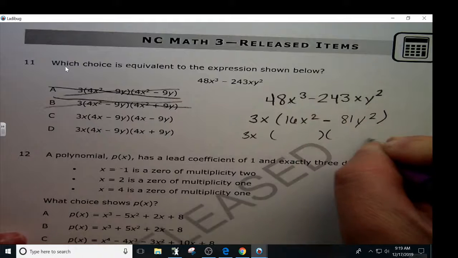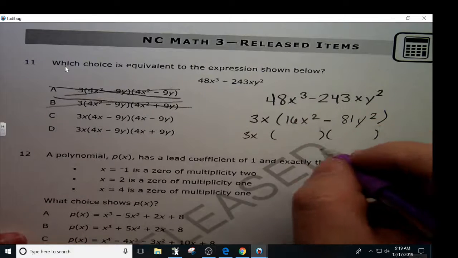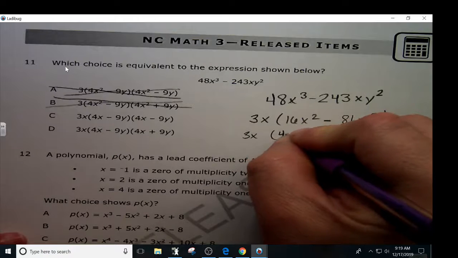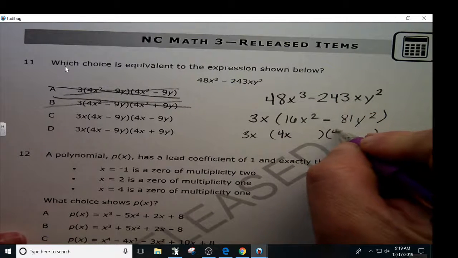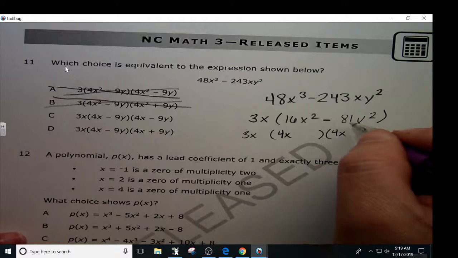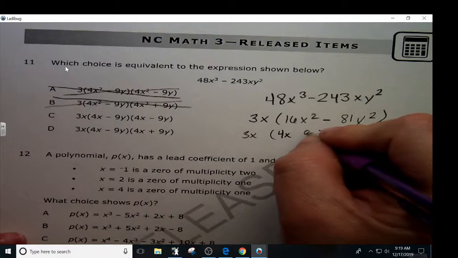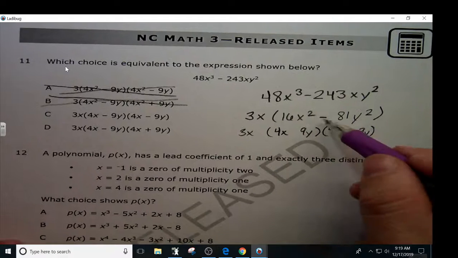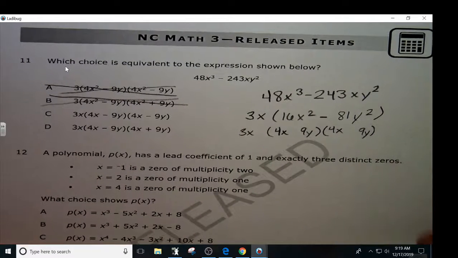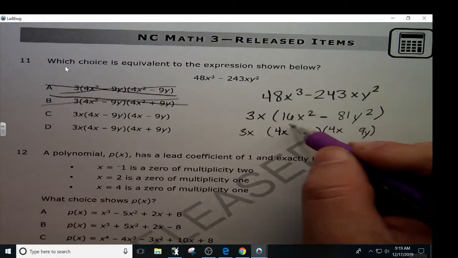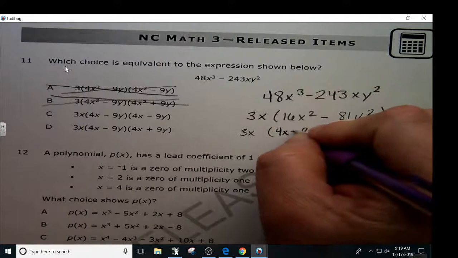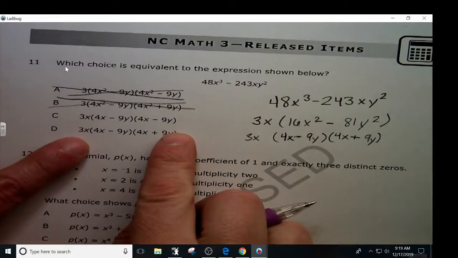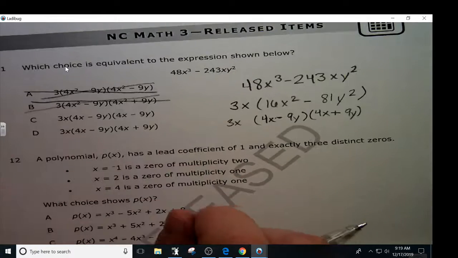You're going to have 2 parentheses. The square root of 16x squared is 4x. Put that in front. The square root of 81y squared is 9y. And guys, if you have a difference of squares, I would write this down on your cheat sheet. The signs will always be minus plus. Because, guys, this all came down to knowing what your signs are.